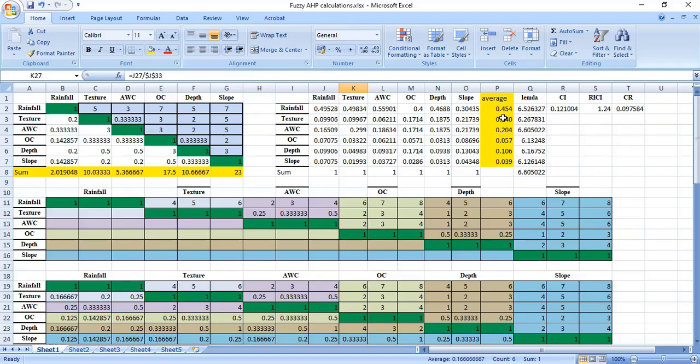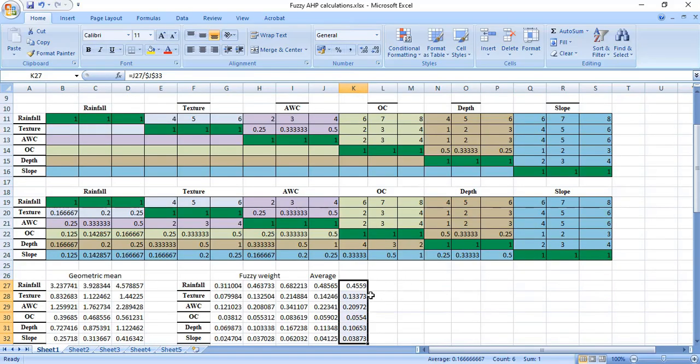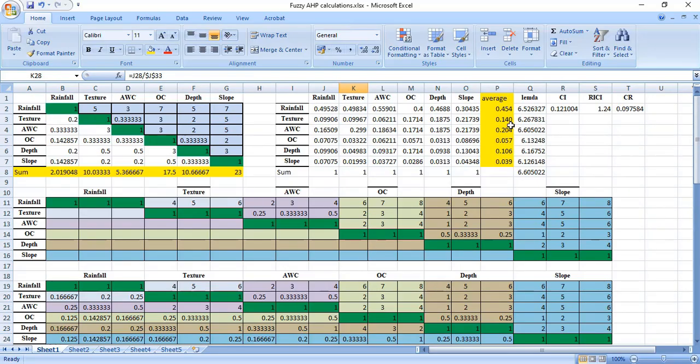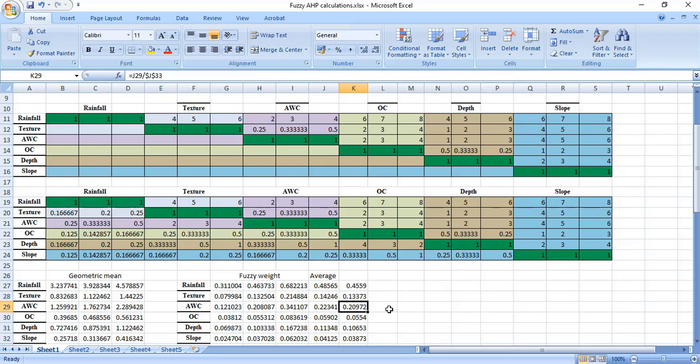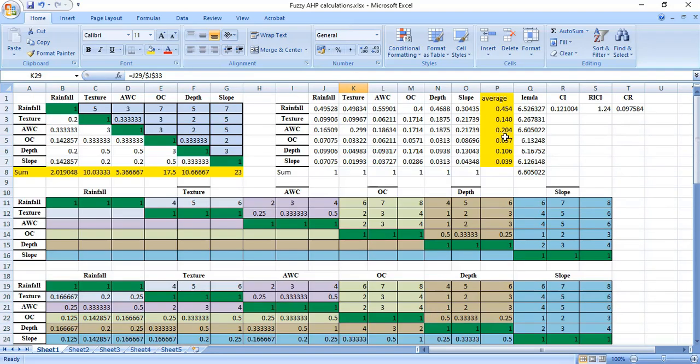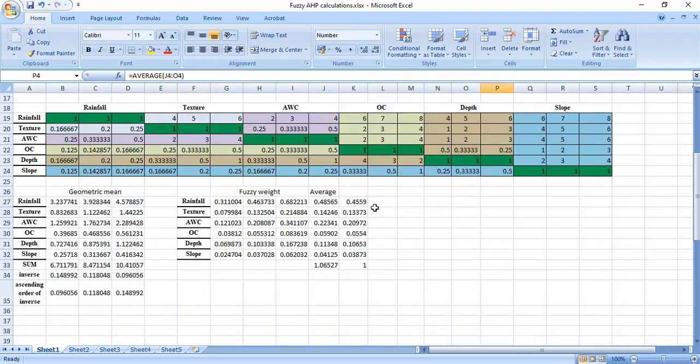This is 0.454, this is 0.455 or 456. Then this is 13 point something for texture. This is 13.37, here it is 14. Here 20.97 and this is 20.4. So these are the fuzzy weights.